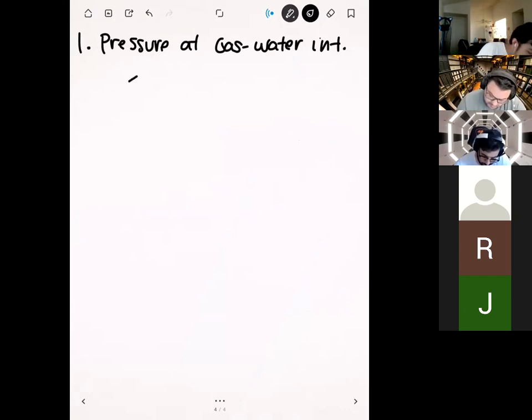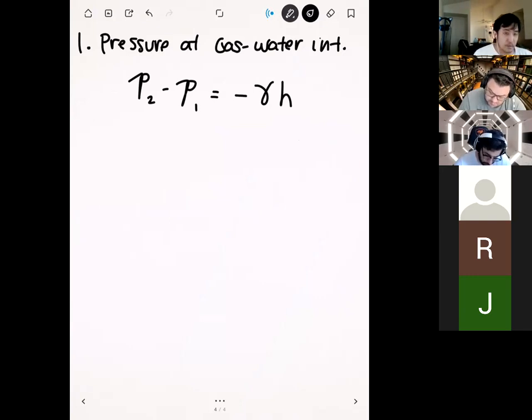So this is the pressure at the gas-water interface. Our formula for pressure difference in a fluid is P2 minus P1 is equal to minus gamma times h. And in this problem, we need to determine what is going to be point 2 and what is going to be point 1.